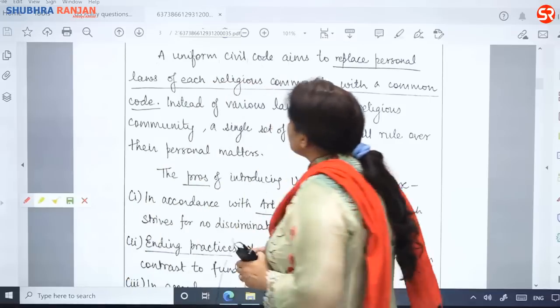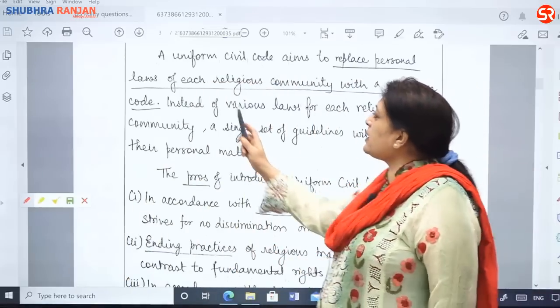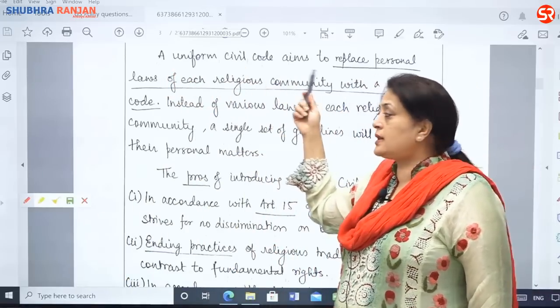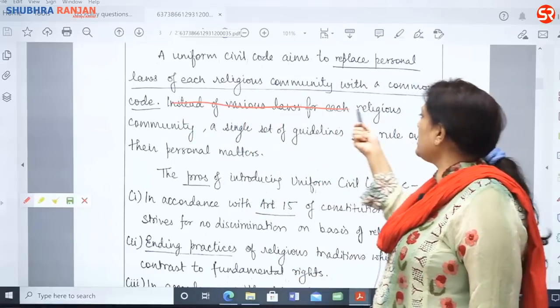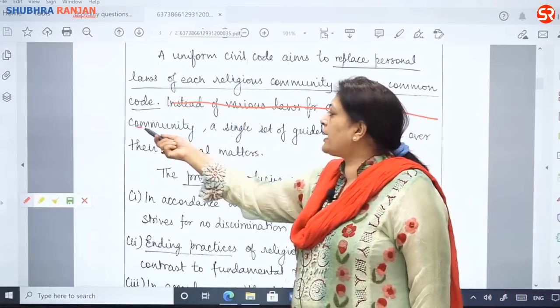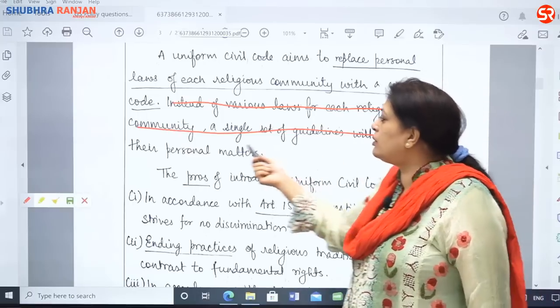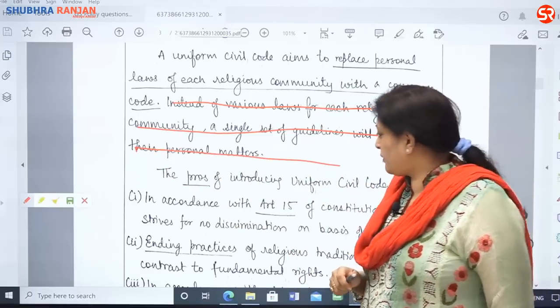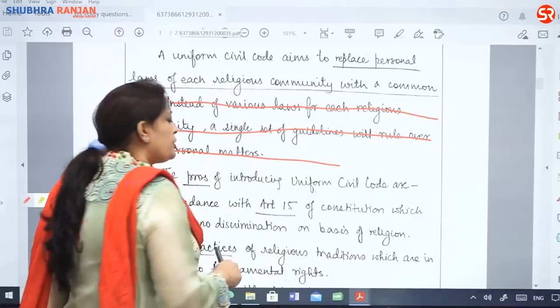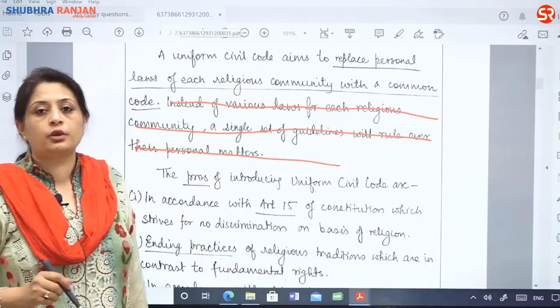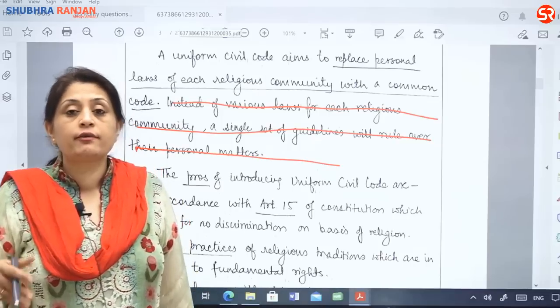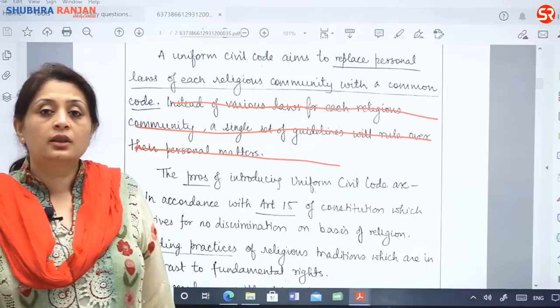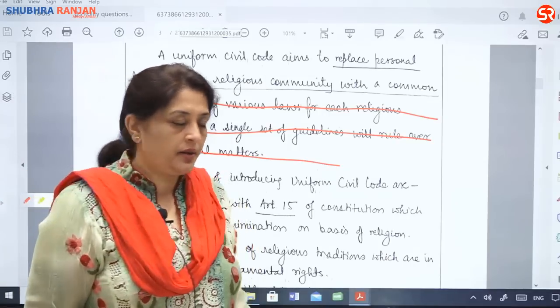The thing is, you have already written this, now you are unnecessarily repeating it. Either write this or this. So now you have told the purpose of uniform civil code. Fine. And you are not going in the flow of the question because you have not addressed the spotlight.